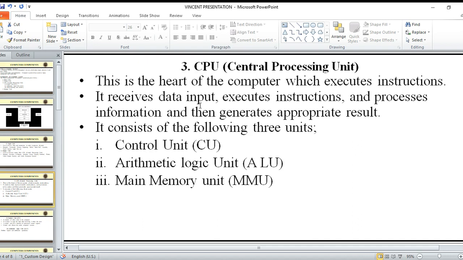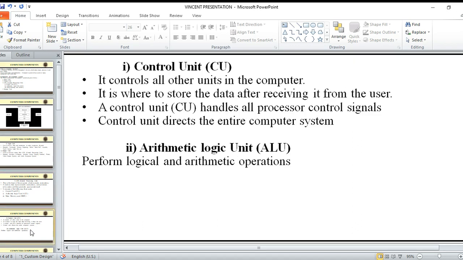So what we have to know about the CPU is it is the heart of the computer, and it is the point where all execution of instructions is done. All the processing of data is done until we get the final output, which can be displayed using the output devices.